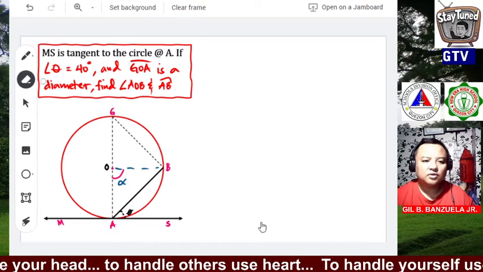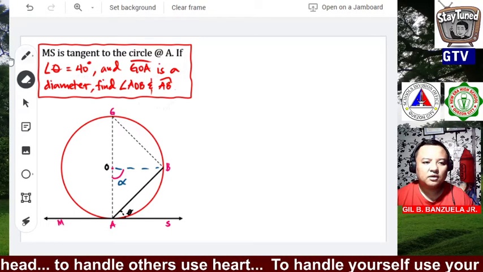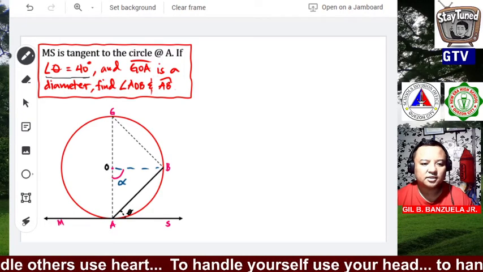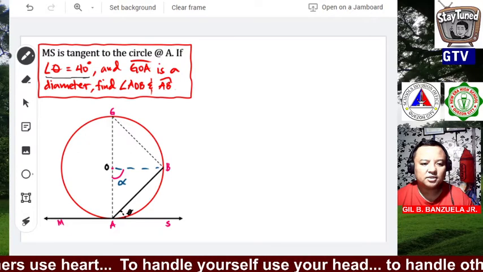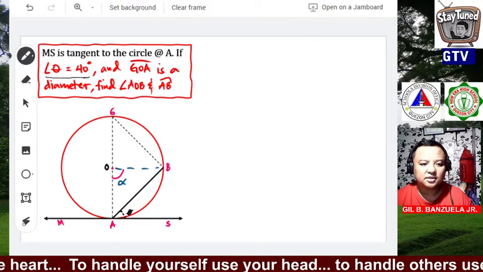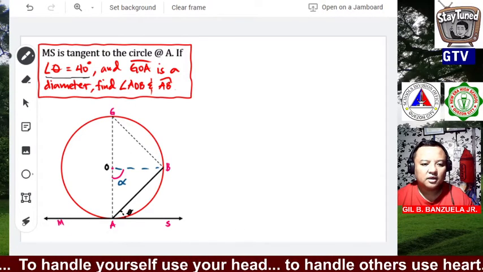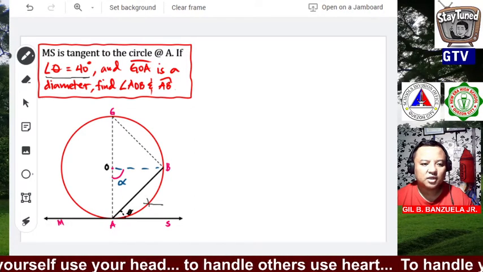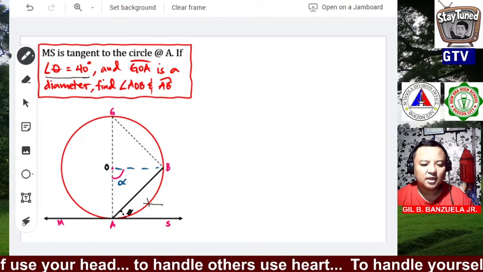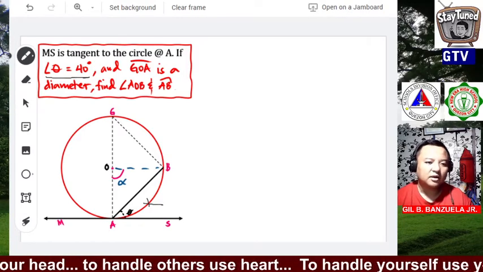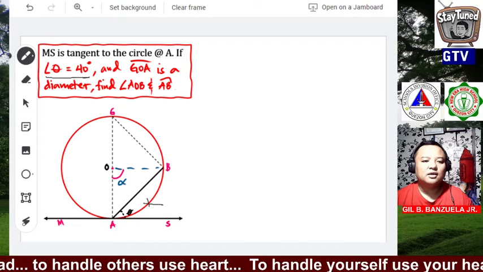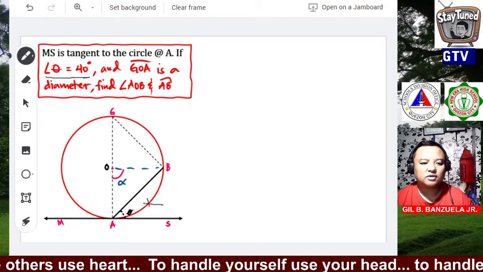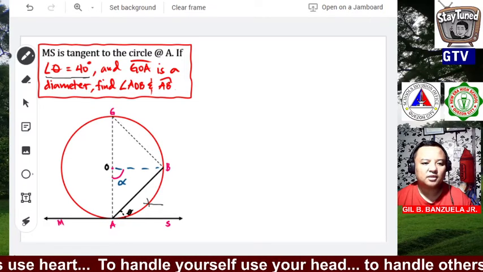Here, the measure of angle theta is given: 40 degrees. So if angle BAS is 40 degrees, then the measure of arc BA is times 2 of the angle formed by a tangent and a chord. The theorem says the angle formed by a tangent and a chord is equal to 1/2 of the intercepted arc.